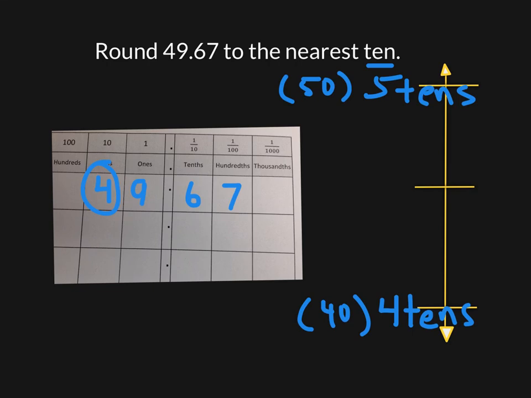Now, right in between 4 tens and 5 tens is going to be 4 tens and 5 ones, also known as 45 ones.